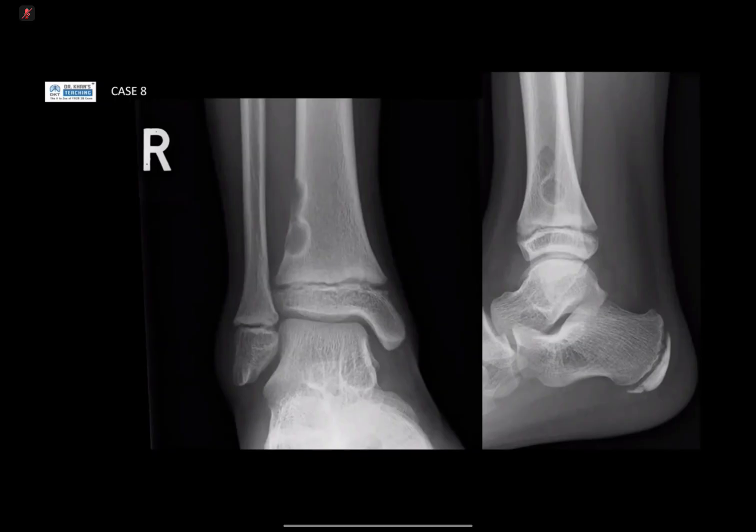They tend to have that sclerotic margin. There's no periosteal reaction or really aggressive features associated with the lesion, as you really well described. When you follow these up, or when you incidentally follow these up, they tend to become a little bit more sclerotic until they completely remodel to normal bone.